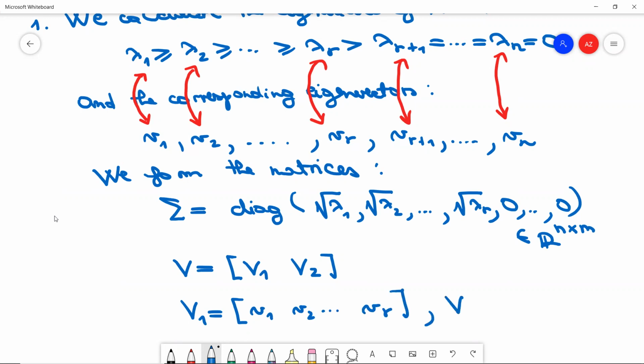And V2 is the matrix with columns which correspond to the eigenvectors which are in fact the basis for the kernel of A transpose A.